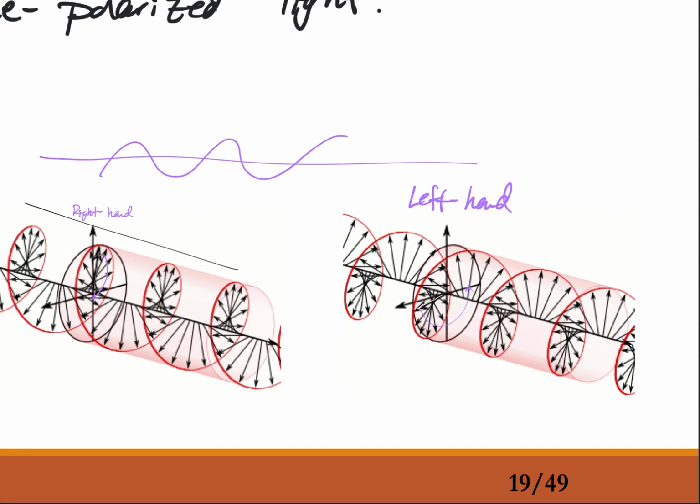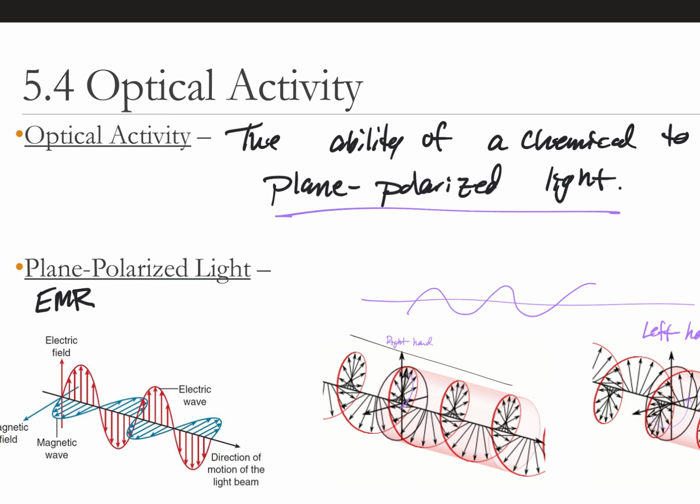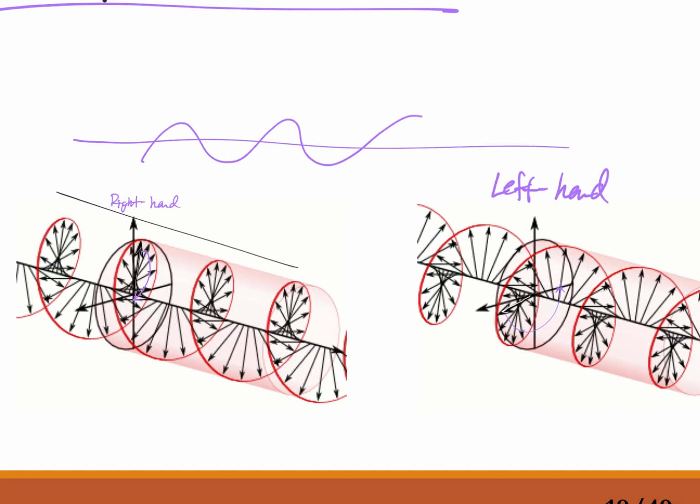But that's even still an oversimplification, where the light we're receiving from the sun is actually both right-handed and left-handed. And so it's a superposition of both of those, which is kind of crazy, but that's still not plane polarized light. These are spherical, helical polarized light.